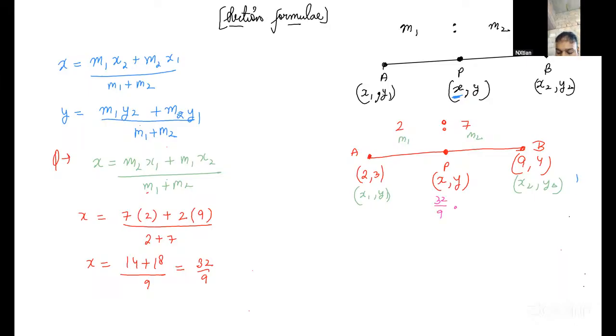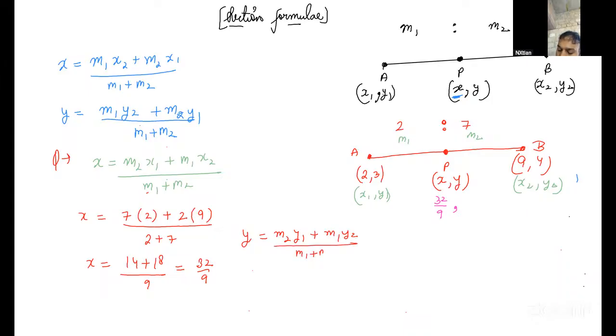Now I have to find the value of Y. So the Y formula, so simple. Y is equal to (M2 Y1 plus M1 Y2) upon (M1 plus M2).